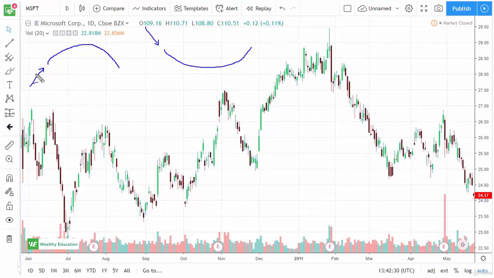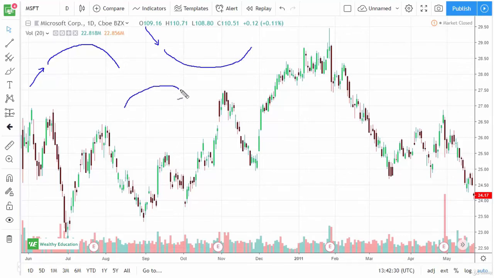Maybe some fundamentals have changed. Or there's just a simple lack of enthusiasm for a stock. And that forms, over time, this rounded top that would just kind of lose interest. Same thing with a rounding bottom. Been selling off, and then just gradually the selling pressure abates and we reach towards the upside.